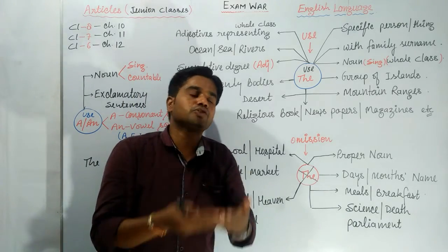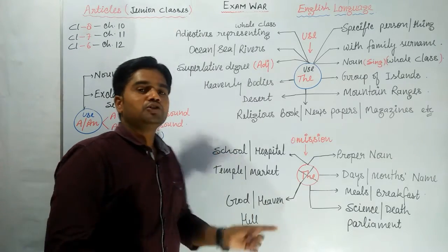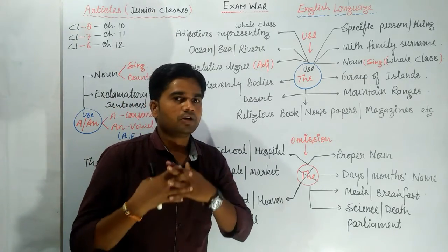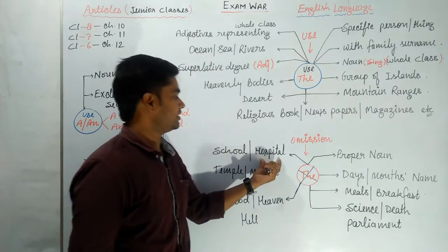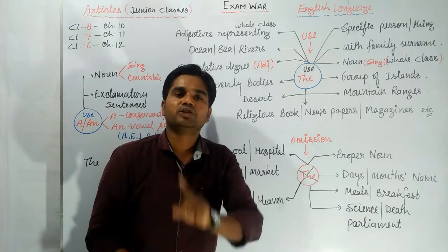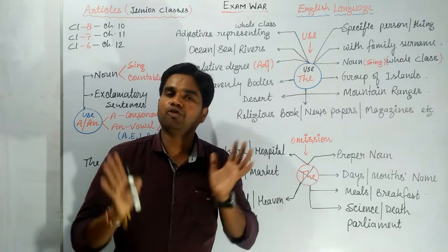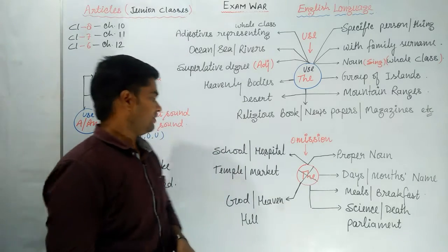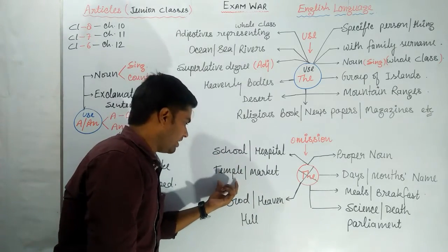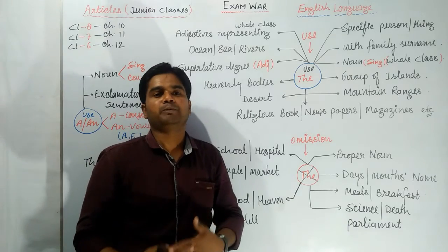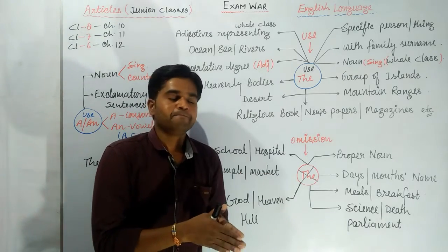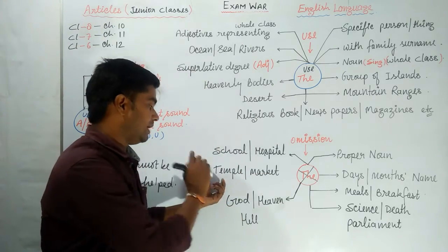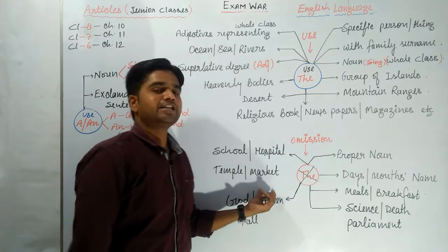If you are going to school for study purpose, do not use article the before school. If you are going to hospital for treatment purpose, then do not use article the before hospital. If you are going to temple for worship purpose, or you are going to do prayer, then do not use article the before temple, or same case for the market.